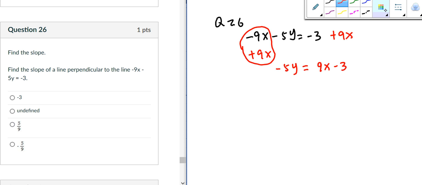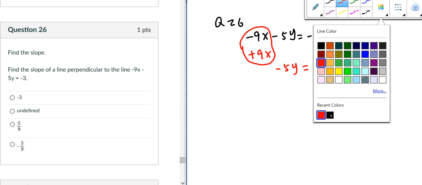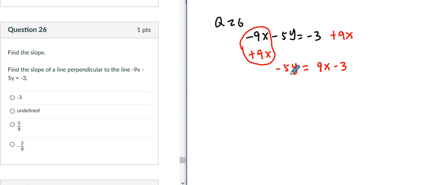And then one more step, we should have a -5 everywhere. Okay, so we then have y equals -9/5 times x plus 3/5.